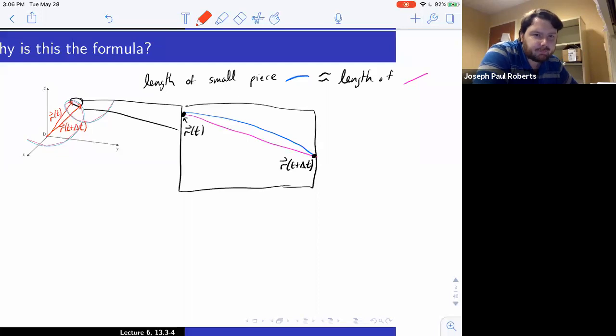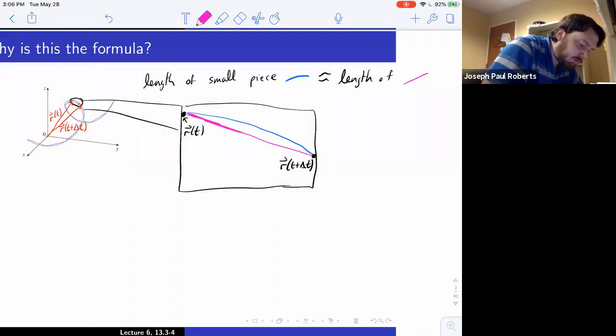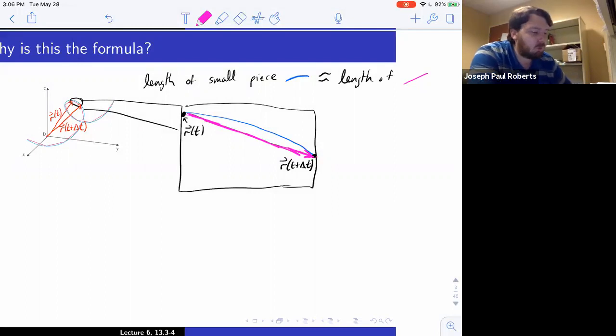Okay. And so what that means is that this vector here, I'll just make it pink as well. The vector pointing from r of t to r of t plus delta t, those points, is going to be r of t plus delta t minus r of t.